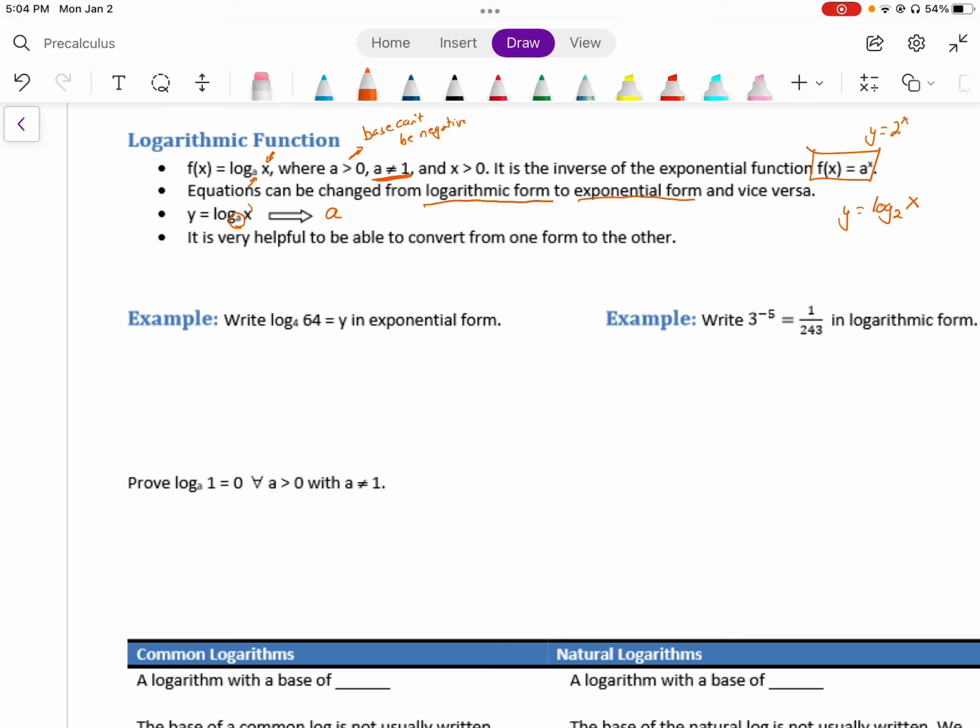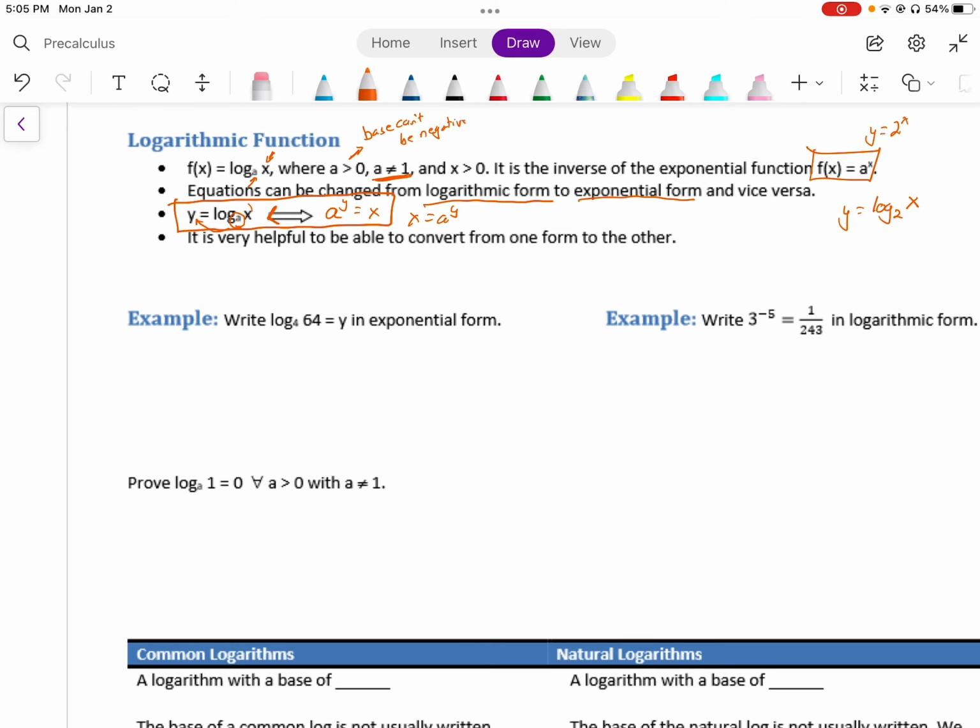So a to the y power is equal to x. Or sometimes we just write x equals a to the y. It is very helpful to be able to convert from one to the other, and so we use this idea right here. I have an arrow going to the right here, but we can have an arrow going to the left as well.